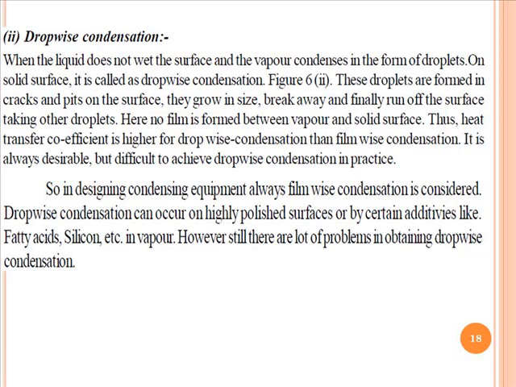In that case we can create drop-wise condensation. However, there are still lots of problems in obtaining drop-wise condensation. So even though drop-wise condensation is highly desirable, it is very difficult to achieve in practice, and generally we consider film-wise condensation.